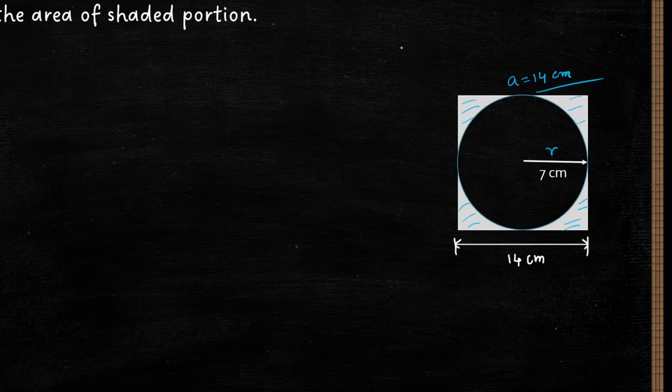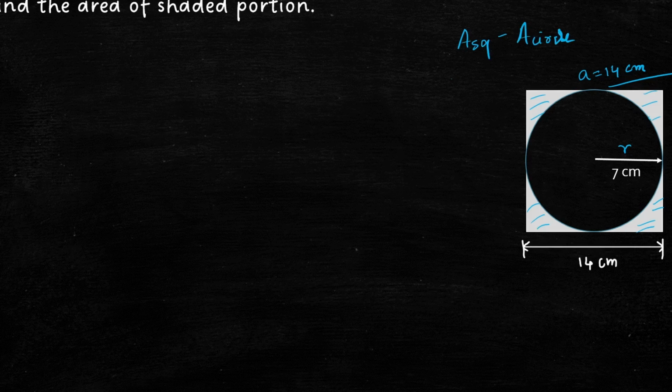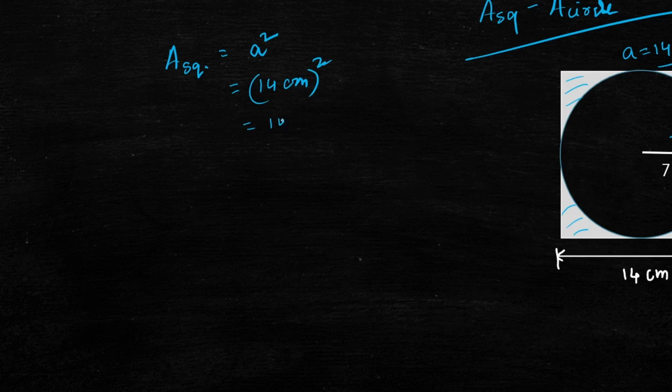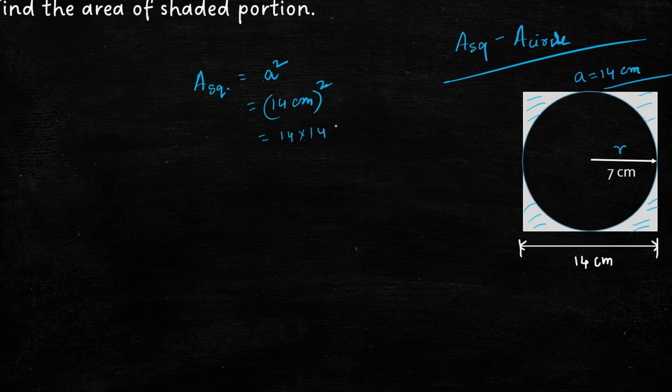So what is that area? Area of the square minus area of the circle. That is the area of the shaded portion. So first we will find out the area of the square, which we know is equal to side square. So what is the side of the square? That is equal to 14 centimeter whole square, and that is equal to 14 multiplied by 14 centimeter square.